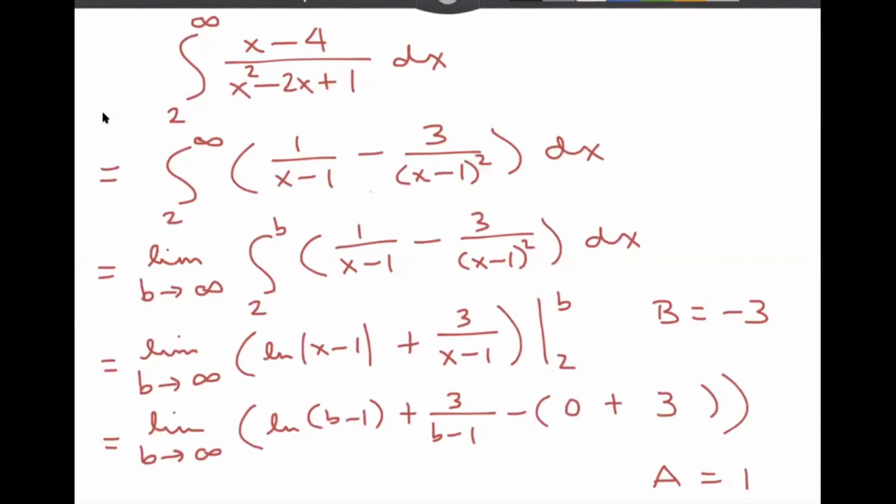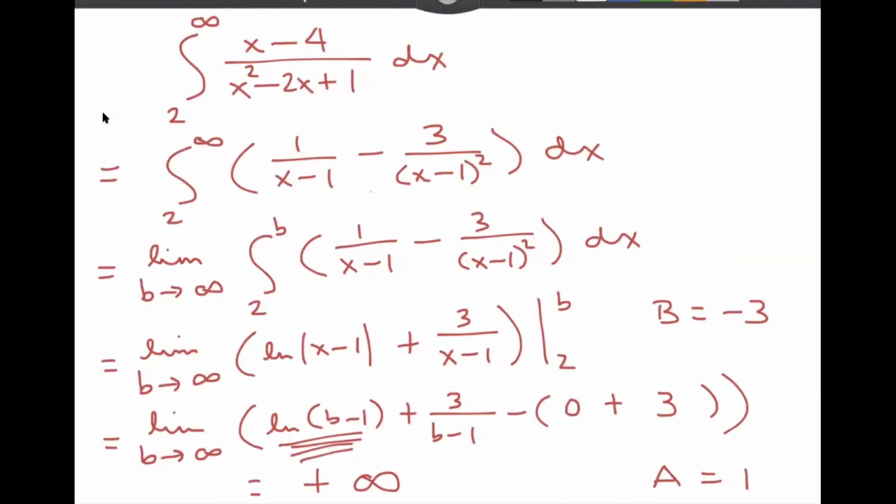Okay, well, there is just one thing here that's going to spoil the whole thing, and that's natural log b minus 1. As b increases without bound, so does natural log b minus 1. So this limit is actually infinite. And so remember, the integral test says that the series and the integral will do the same thing.